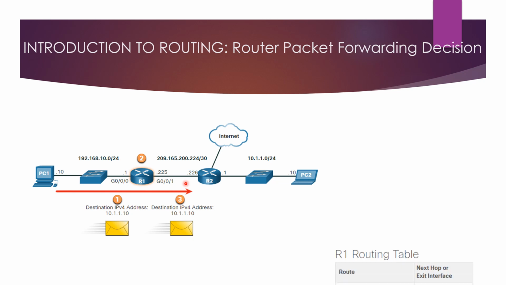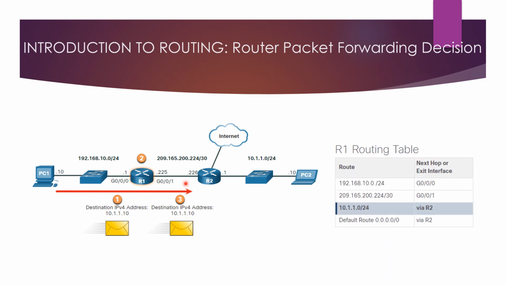The following table shows the routing table for router 1, and as you can see here, it says that the network 10.1.1.0 can be reached via router 2.